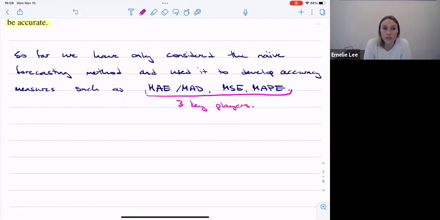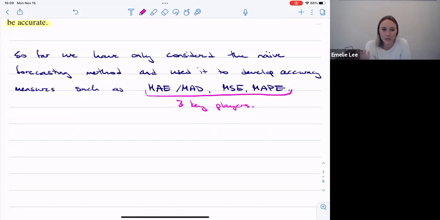We are going to look at more sophisticated forecasting methods now. The first one that comes to mind is, what if I just have a running average? What if instead of looking at just the previous value, I look at the average of all the previous values? That's going to be a method.